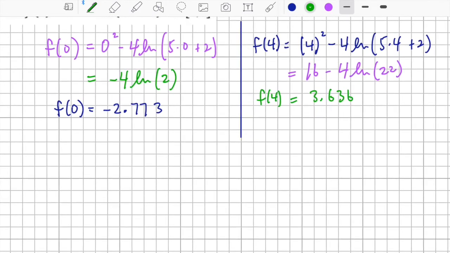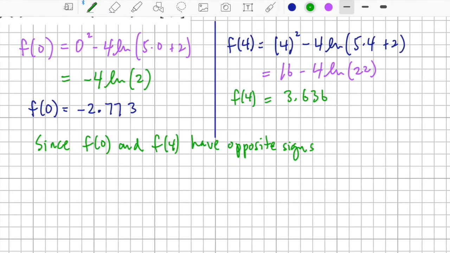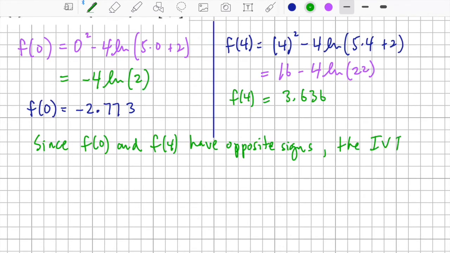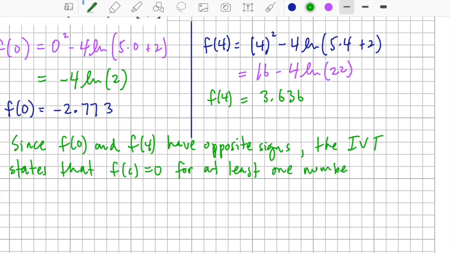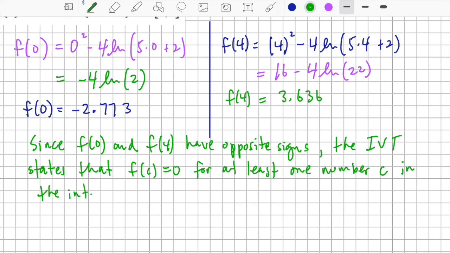So we're going to write it like this. Since f of 0 and f of 4 have opposite signs, the IVT states, I'm going to write it a little bit different, that f of c equals 0 for at least one number c in the interval.